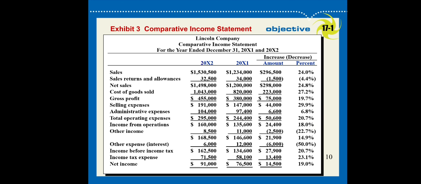Okay, the next thing that you have to know is how to do the horizontal analysis for the income statement. Remember, income statement shows the performance of a business. So let's see. To do the horizontal analysis, you need 2 years data. Current year data, in this example, 2000x2, and previous year data, 2000x1.